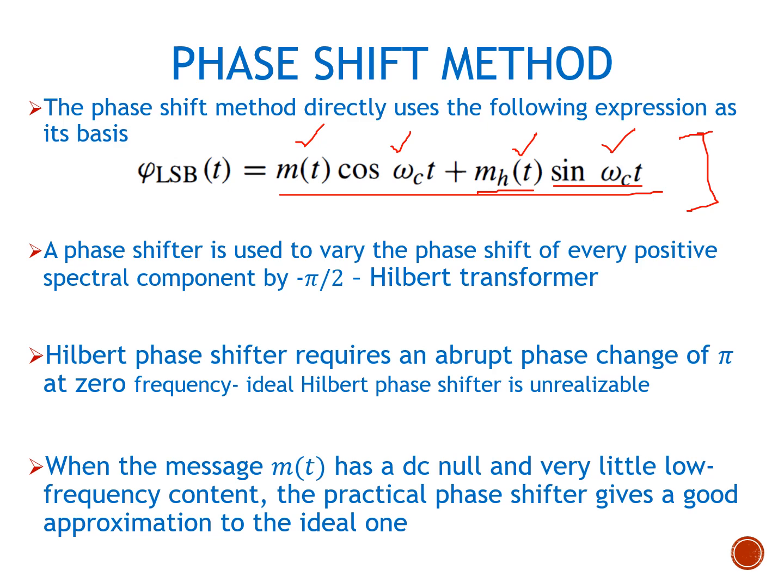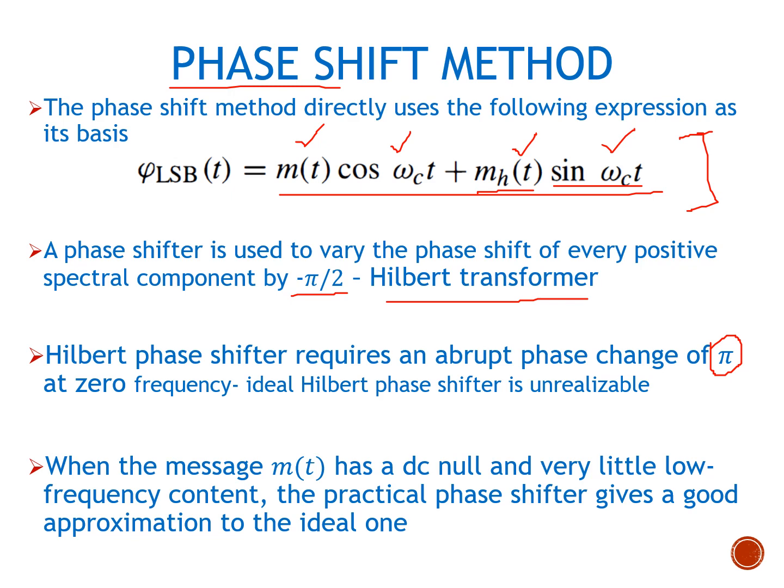Now in the phase shift method, a phase shifter is used to vary the phase of every positive spectral component by minus pi by 2. That would mean that we are performing the Hilbert transform function. Now the Hilbert phase shifter requires an abrupt change of pi at zero frequency. As we observed in the previous slide, there is an abrupt change, a total change of pi at zero frequency. So the ideal Hilbert transform is not realizable, and so we will have an approximate Hilbert transformer.